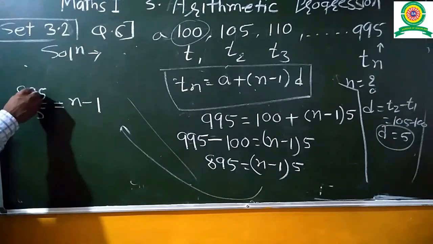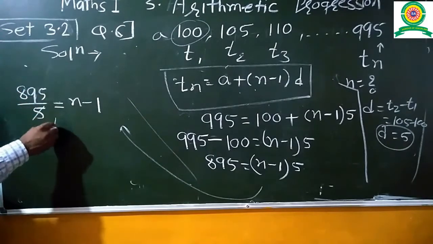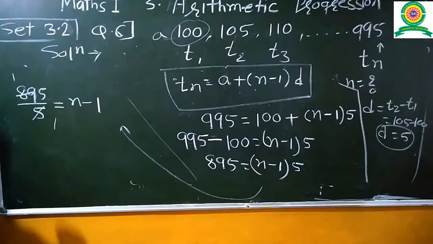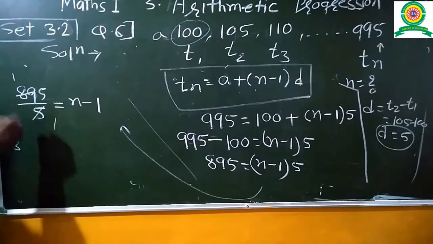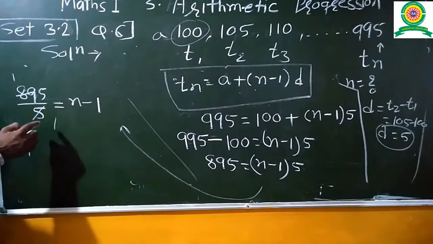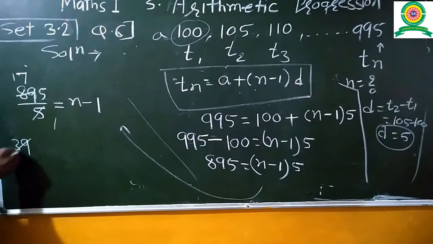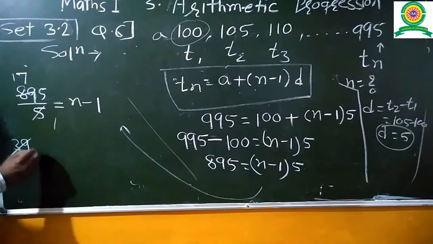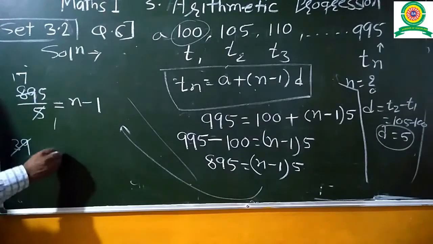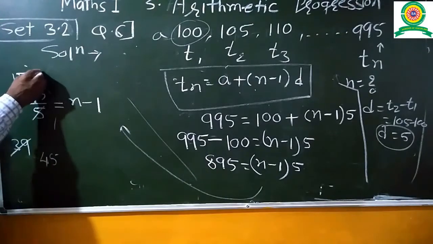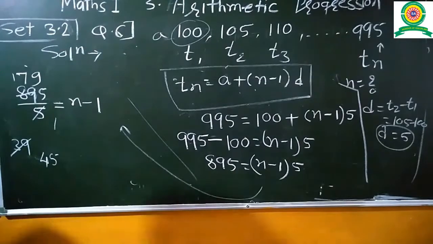Then dividing by 5: 5 ones are 5, again 5 ones are 5. 3 remain from 8, 9 carried, 5 sevens are 35, 4 remain, there is a 45, 5 nines are 45.